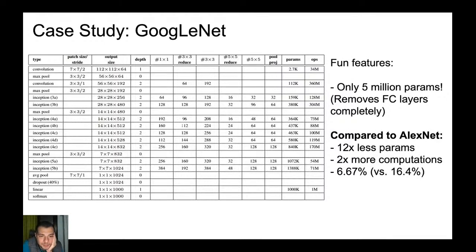So this network is much deeper. We see here the inception module. So this is the input, then several inception modules, and then the output. And we see that the number of parameters is about 5 million.